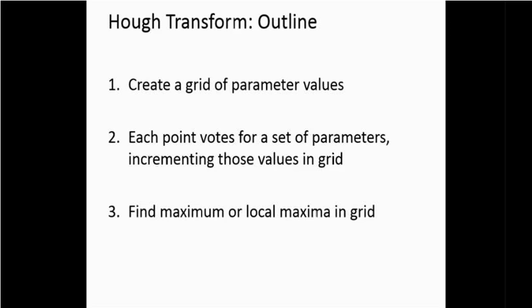So you create a grid of parameter values. Each point votes for a set of parameters, and I'll illustrate this in a moment, incrementing those values in the grid. Then you find the maximum or local maximum in the grid.